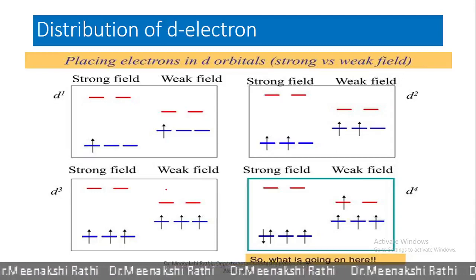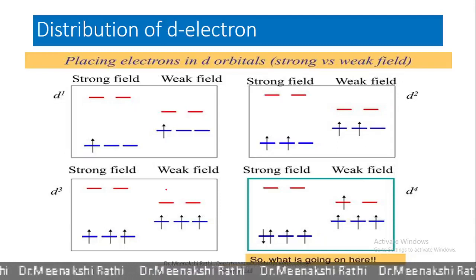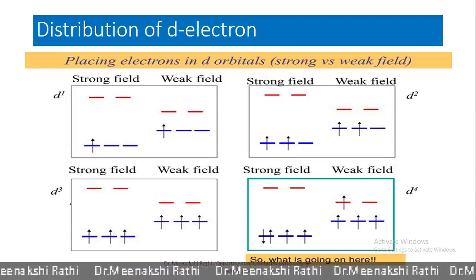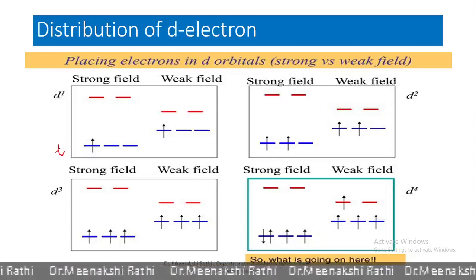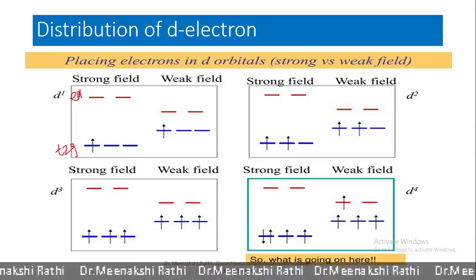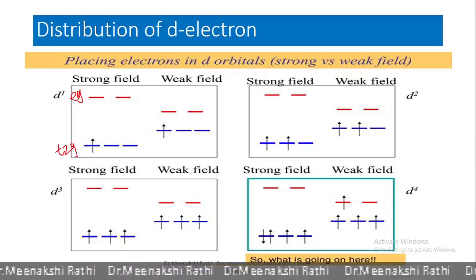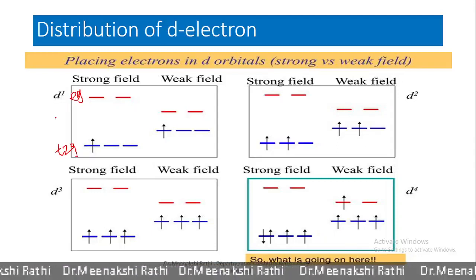Okay, let's begin with some examples so you will understand it easily. Now let us consider the filling of t2g. I guess now you remember what t2g and eg orbitals are in an octahedral complex.